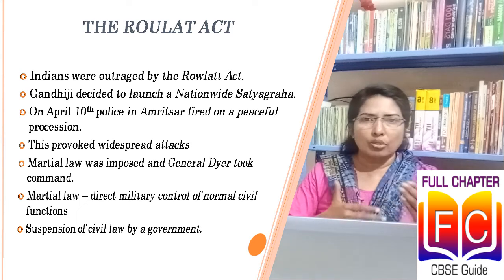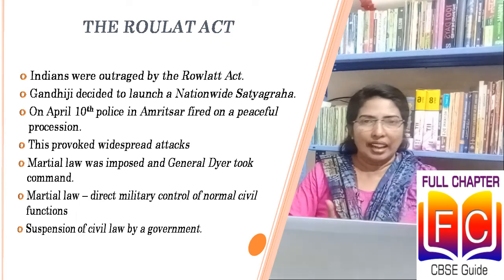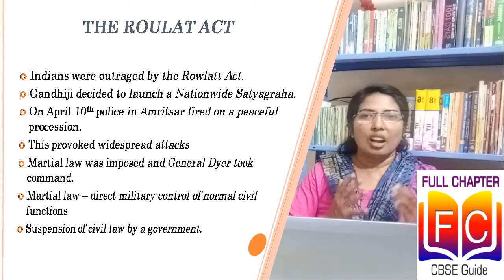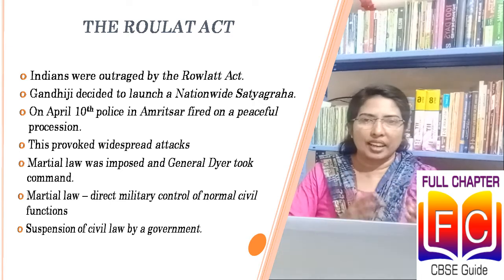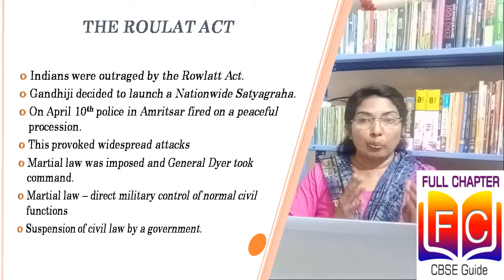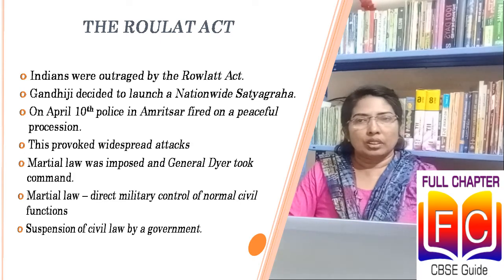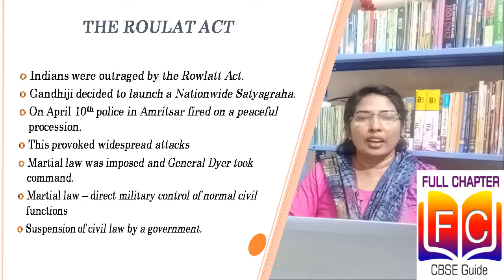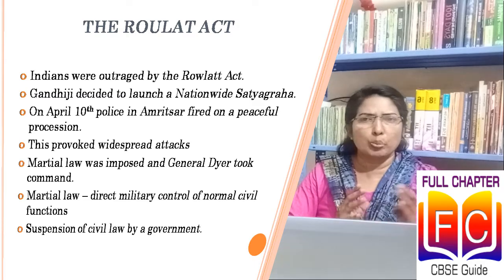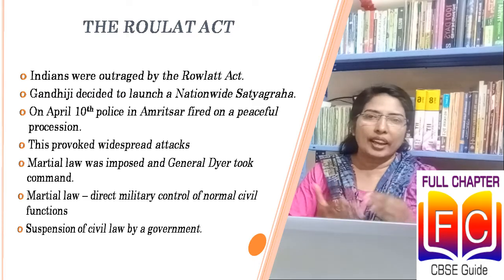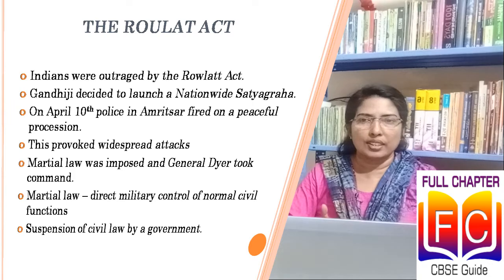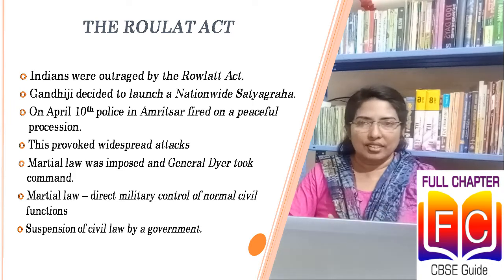So Indians were outraged by the Rowlatt Act, and Gandhiji decided to launch a nationwide Satyagraha against the proposed Rowlatt Act. On April 10th, police in Amritsar fired on a peaceful procession. This provoked widespread attacks on banks, post offices, and railway stations.